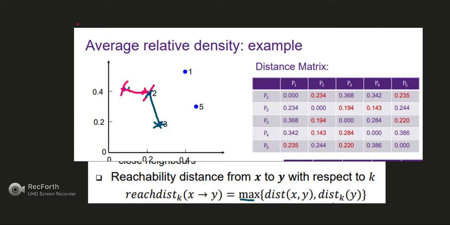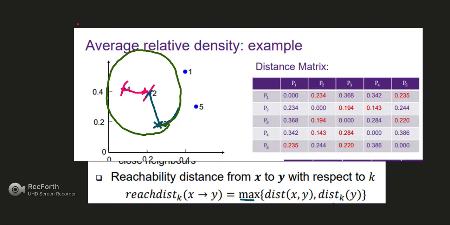In this case, I'm going to say that the distance from 4 to 2 is less than the maximum distance in the neighborhood of 2. Trying to draw a circle there. But assuming that the radius of that is actually a circle, we can see that the distance from point 2 to point 3 is greater than the distance from point 4 to point 2.